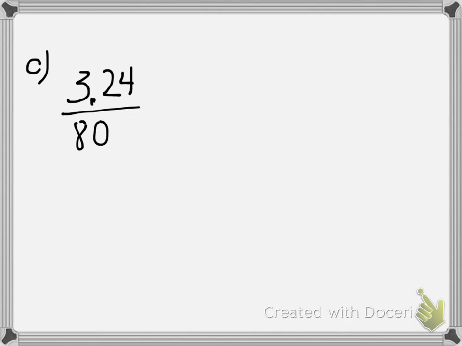For C, once again, we're going to go ahead and attempt to change this so it's just an 8, because an 8 is easier to divide by than 80. We divide by 10, and we divide by 10 here, we move our decimal point one place. So 324 thousandths divided by 8.